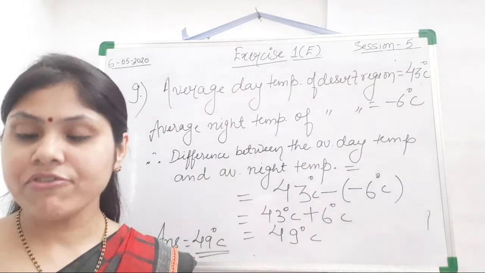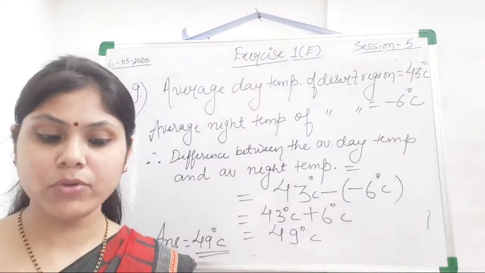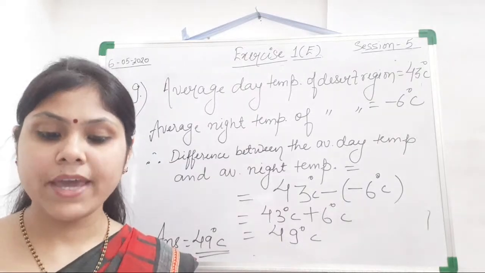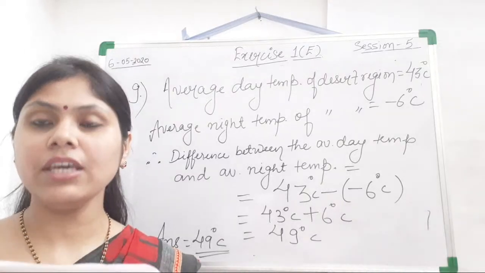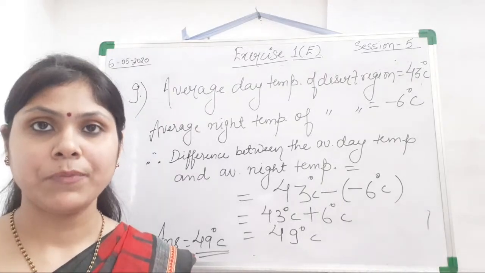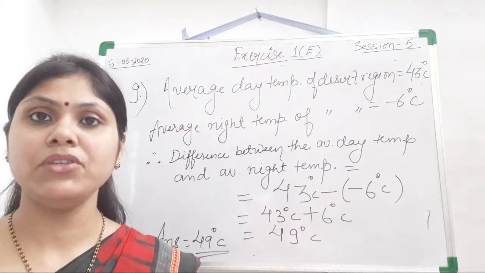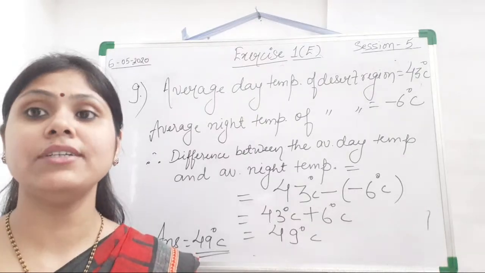His 5 friends decided to contribute equally to pay for the rent. How much will each friend pay? Each friend pays, that means here you have to do division.